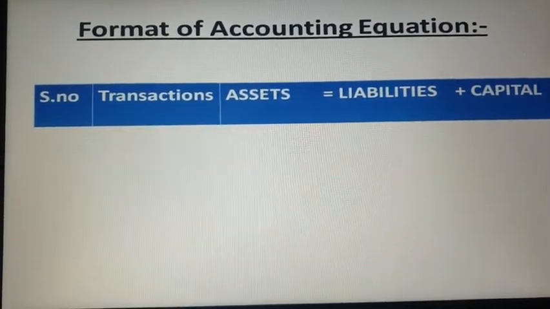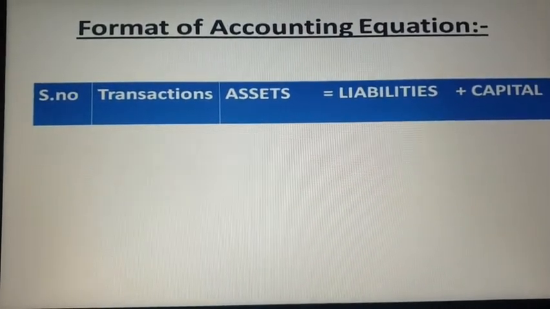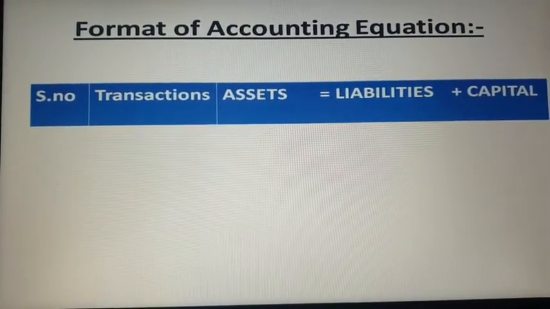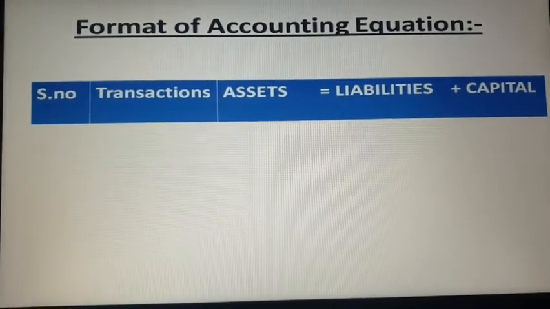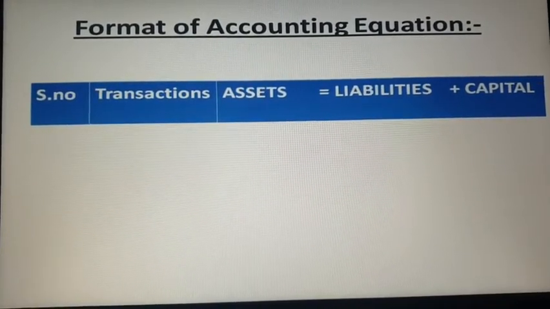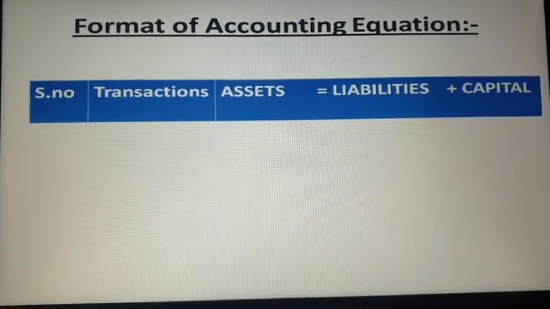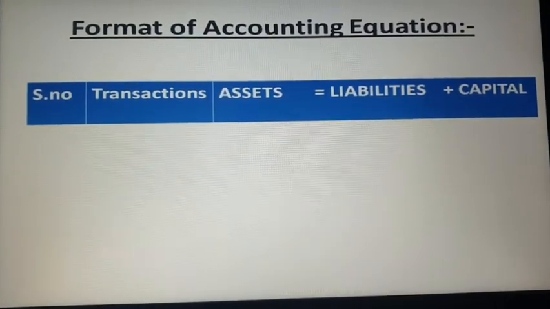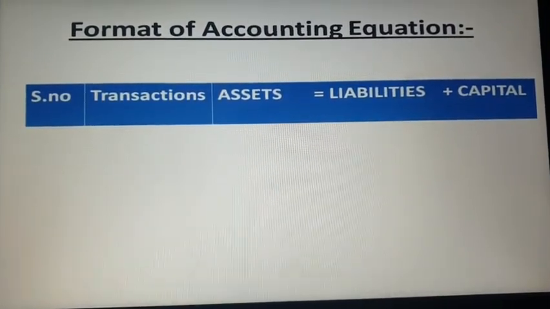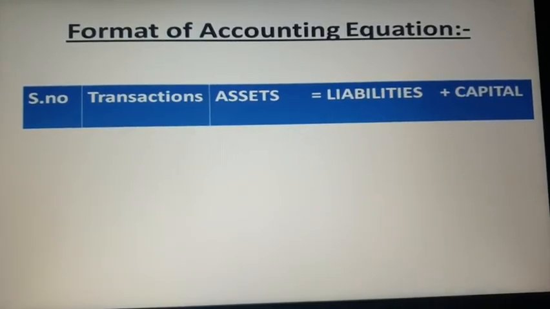And after the transaction, you have to mention the impact of that transaction on the asset, liability and capital. And after the impact of each transaction on the asset, liability and capital, the accounting equation will be equal. That is, after each transaction, your asset is always equal to your liability plus capital.